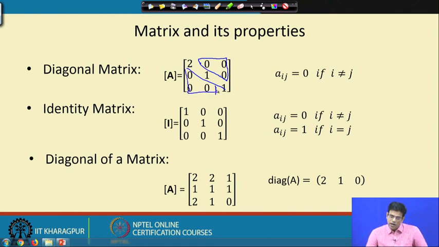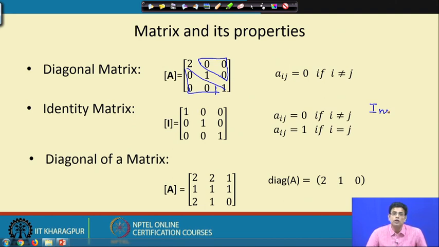Similarly, we define the identity matrix where all diagonal elements are 1 and off diagonal elements are 0. So, if I write, for instance, the identity matrix of order n, that means it is an nth order matrix whose diagonal elements are all 1. So, this is the basic definition of diagonal and identity matrix.